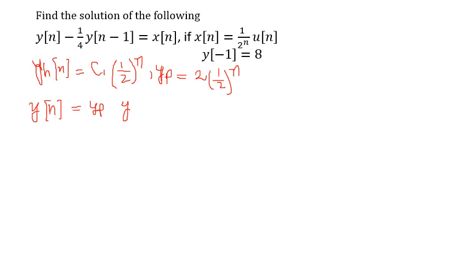So y_p of n plus y_h of n. Okay, so by putting values we find that y_p of n is 2.